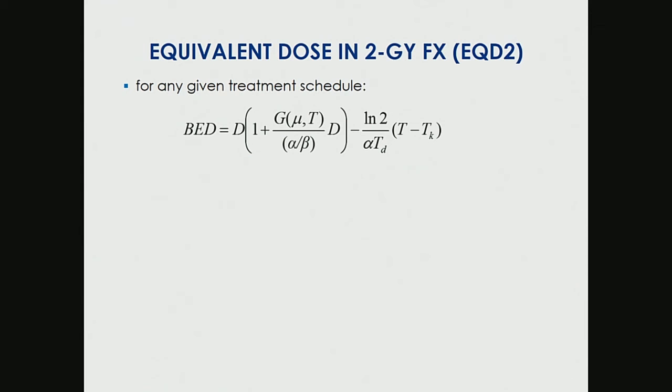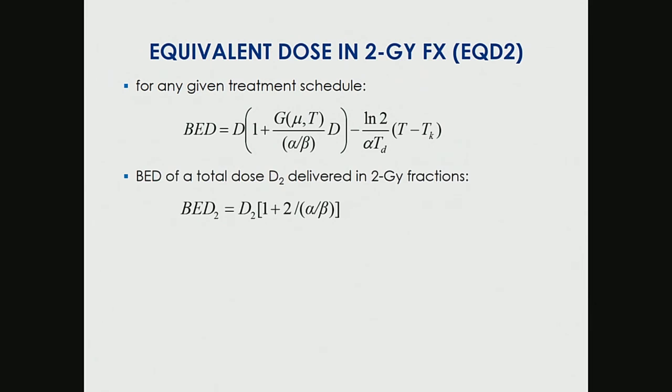Now, EQD2 is fundamentally the same as LQ, except it takes the assumption that cell survival can be used as a surrogate of biological response one step further. If we are concerned about one treatment, we can calculate the BED like this. And we also know the BED for a treatment delivered in 2 Gray fractions can be expressed like that.